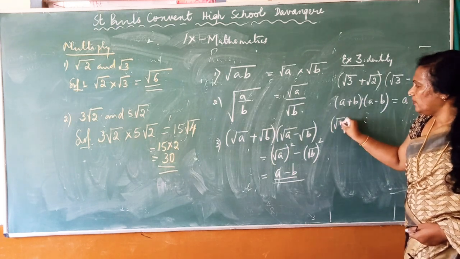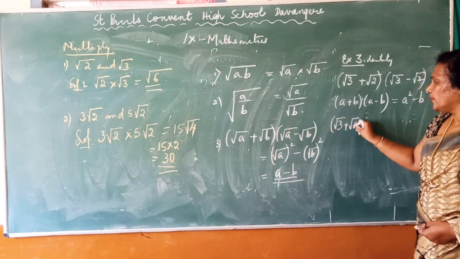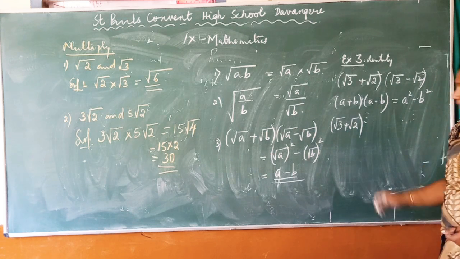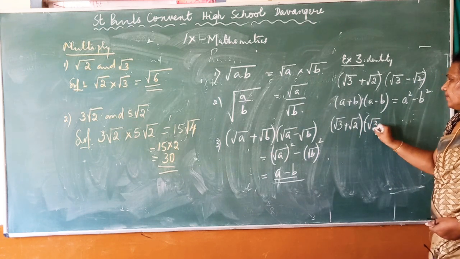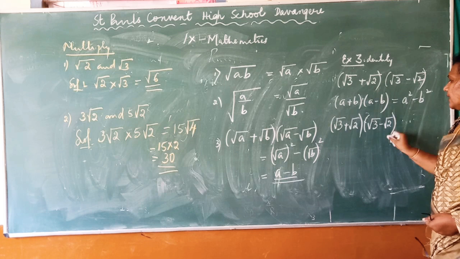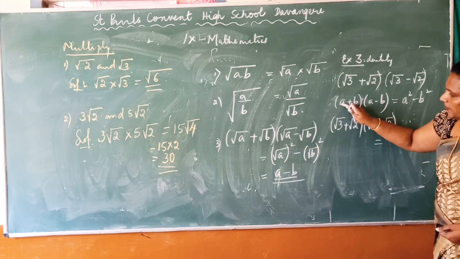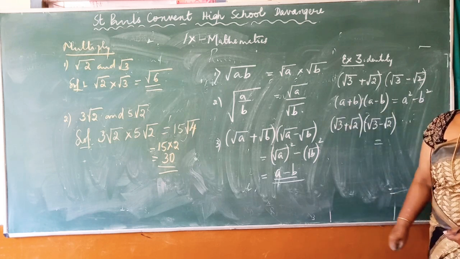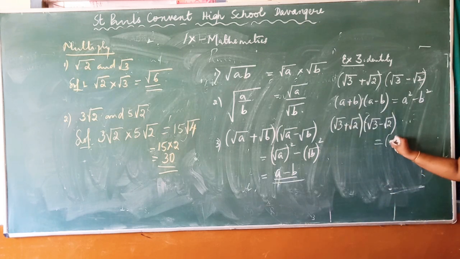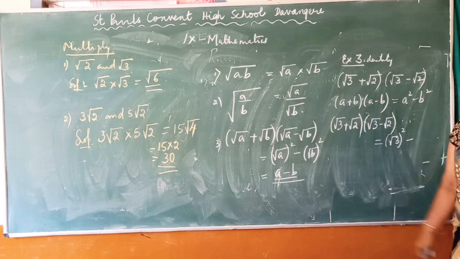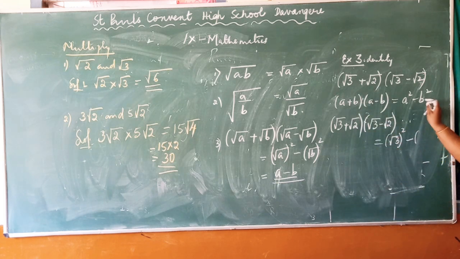I'll write the problem. Root 3 plus root 2 into root 3 minus root 2 is equal to, what's in the place of A? In the place of A, if you compare, it is root 3 whole square minus, what's in the place of B? It is root 2. So it is root 2 whole square.